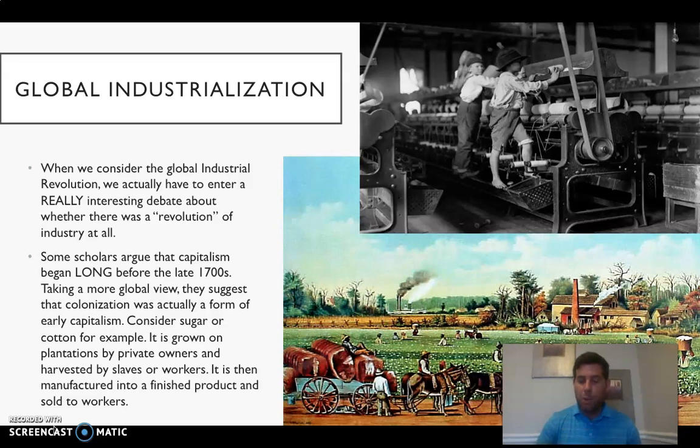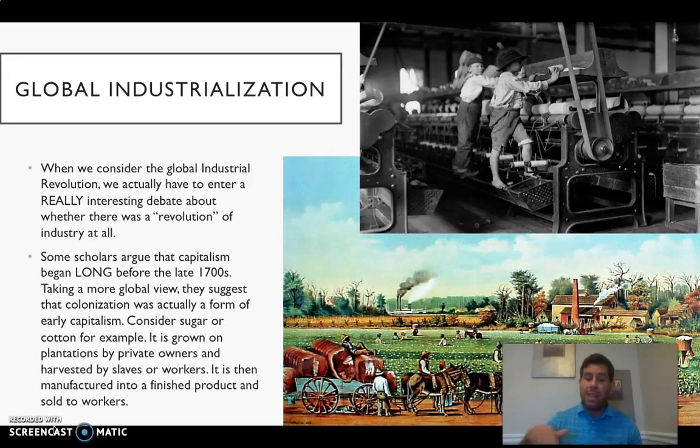Think back to what we talked about in week number 2. Colonization really gave rise to capitalism, and let's just look at it in terms of cotton and sugar. Both cotton and sugar are grown on plantations. They're harvested after abolition by workers, prior to abolition by slaves. They're refined into finished materials, whether they be textiles, right, clothing, or pure cane sugar that is then sold back to workers.